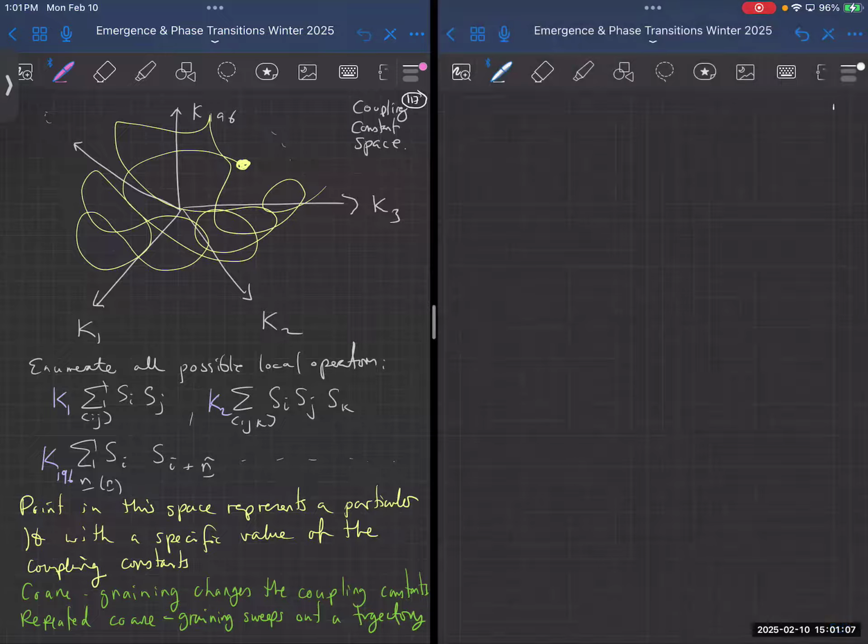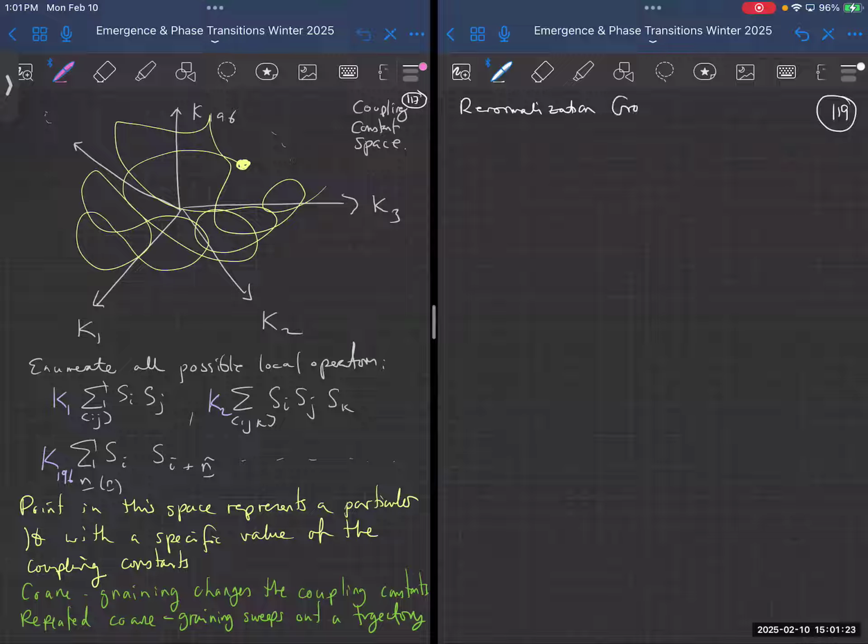So let's now explain a bit more how we formulate it. The renormalization group has two ingredients.